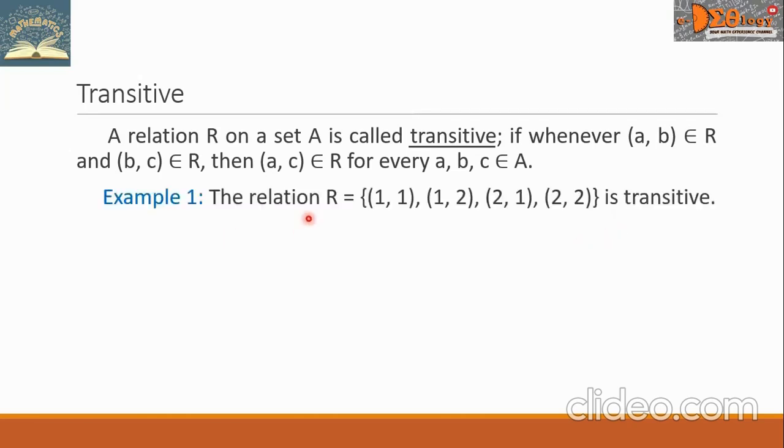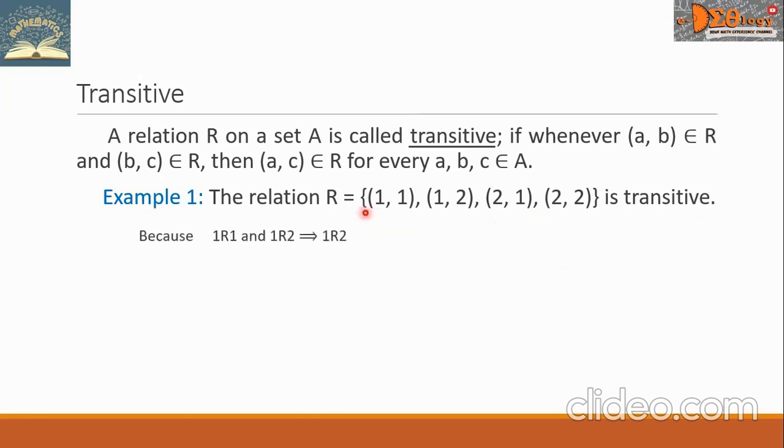Example 1. The relation R equals the ordered pairs (1, 1), (1, 2), (2, 1), and (2, 2) is transitive. Let us examine this relation.